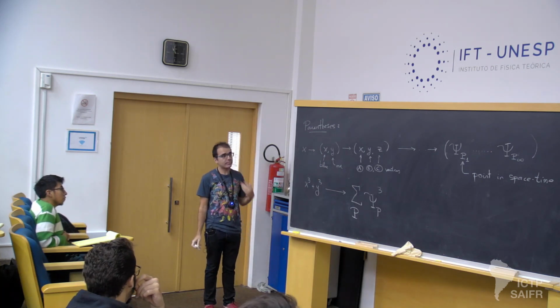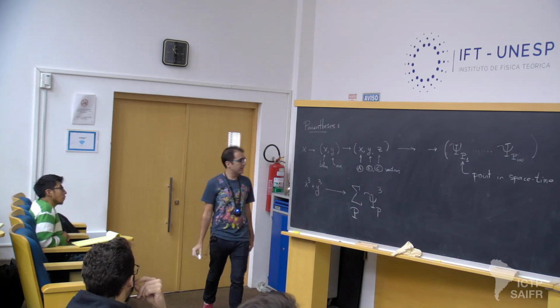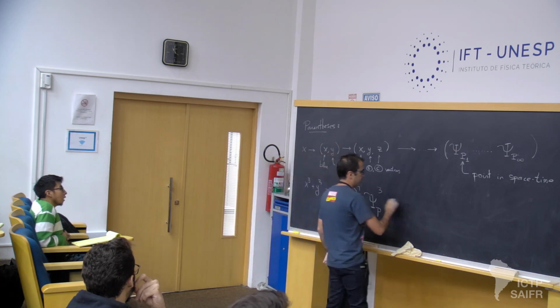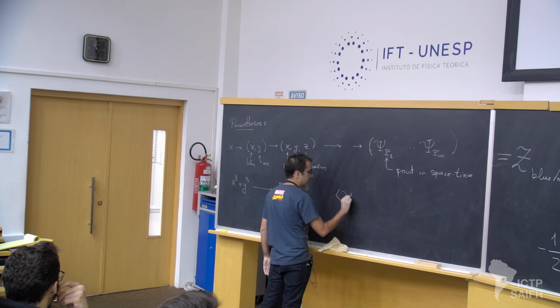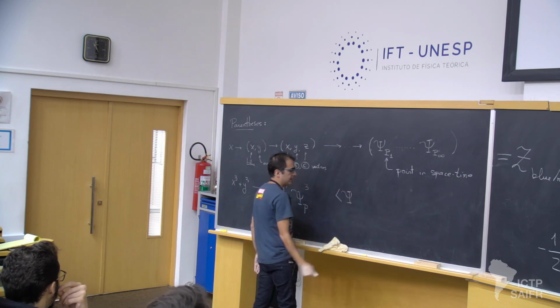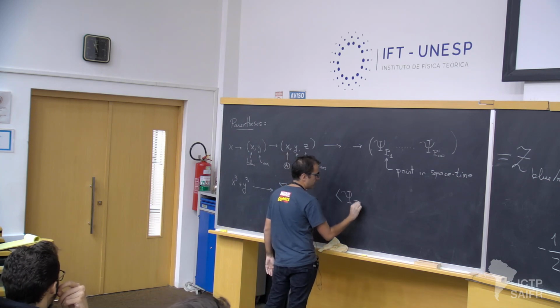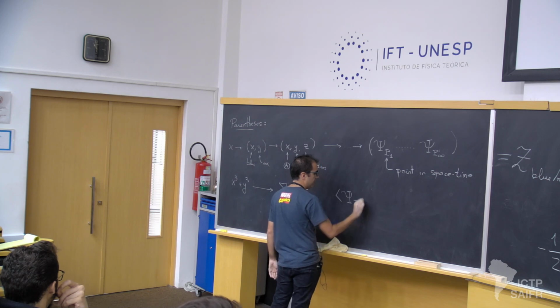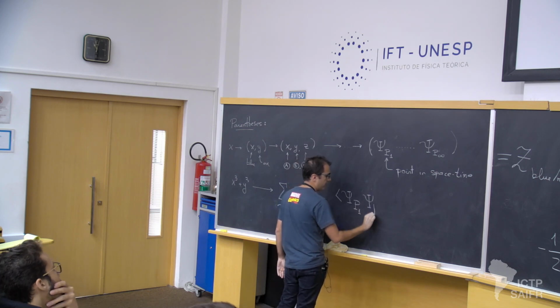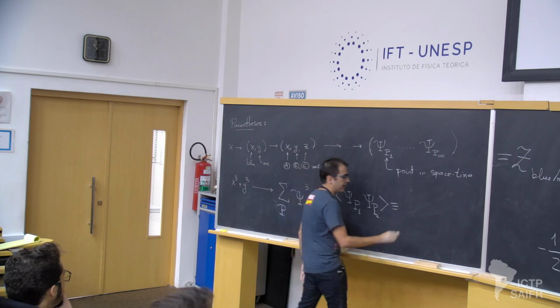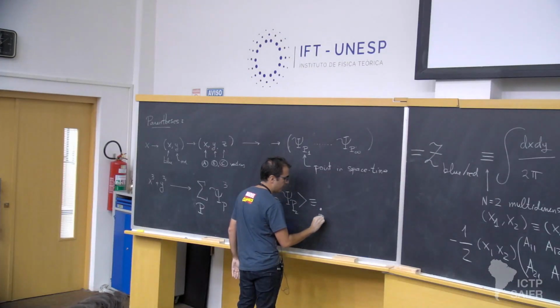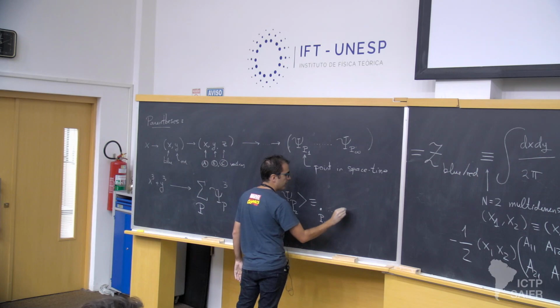And then, instead of a propagator, now the propagator would be a two-point function between a point of space-time P1 and a point P2.